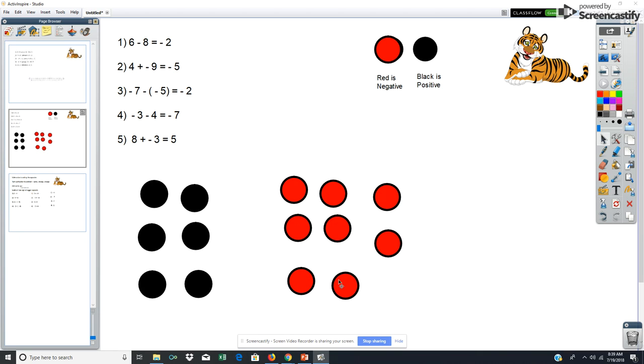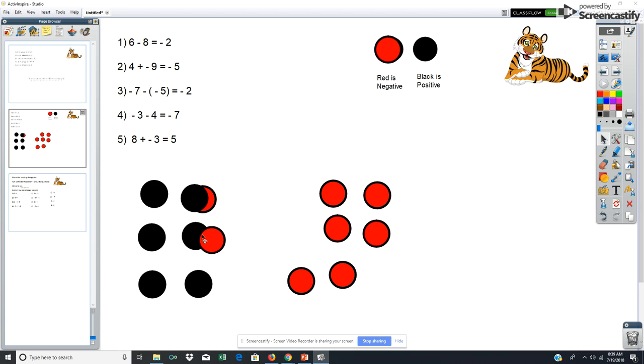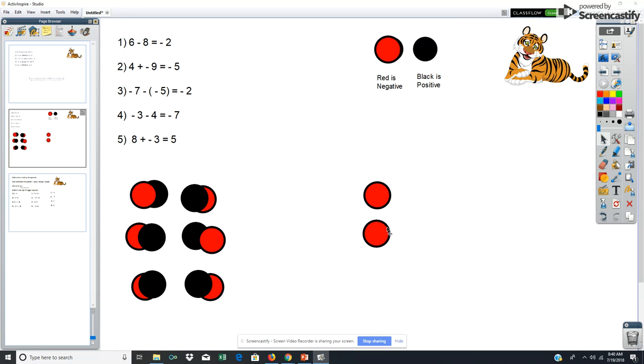Now, red and black circles zero each other out. They cancel each other out. They make 0 pairs, and then what you have left would be the solution to your problem. So if I match up 6 of the negatives with 6 of the positives, those all cancel each other out into 0 pairs, and what I have left are 2 red circles, which represent the negative 2.